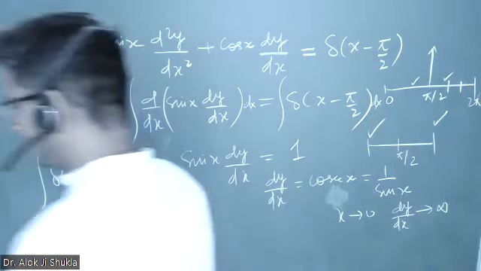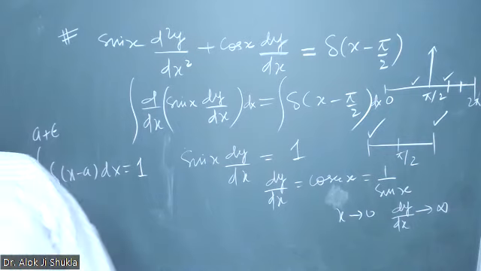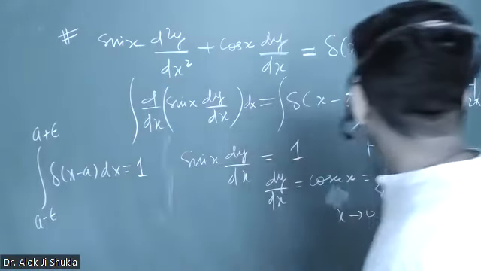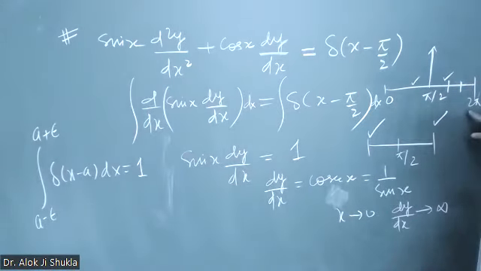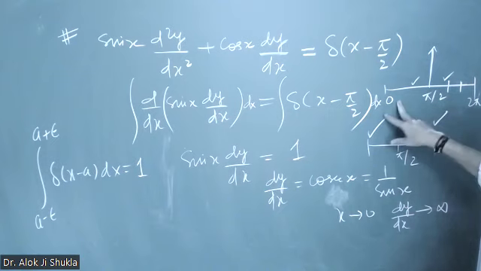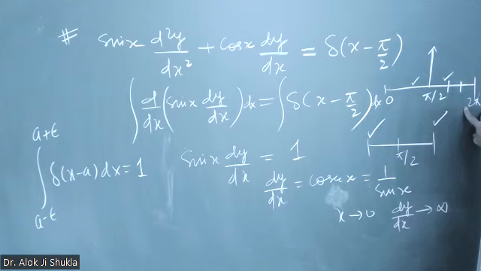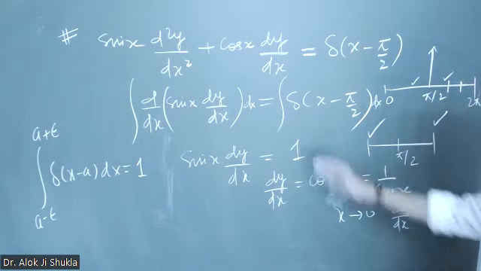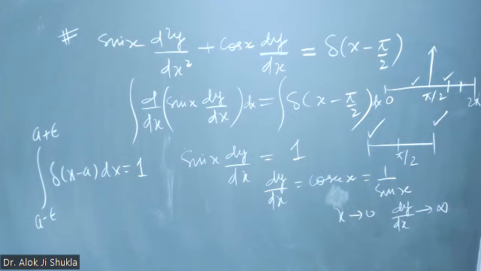Yes, sir. So this property of delta function is used, and they have given that you can integrate from 0 to 2 pi. So ultimately, when you integrate it between 0 to 2 pi, this answer will be 1, because pi by 2 will be within the limits.